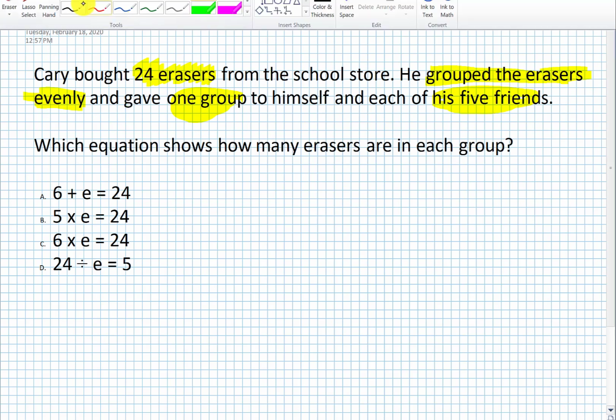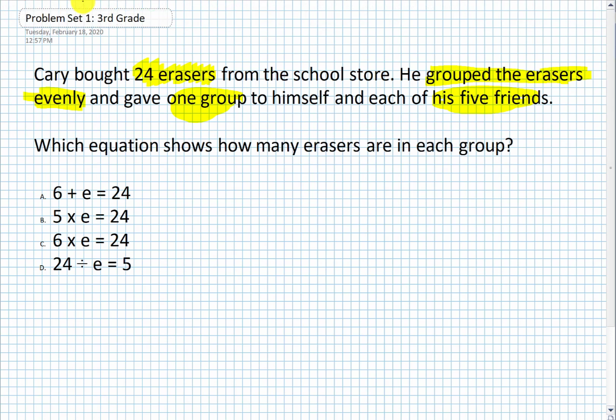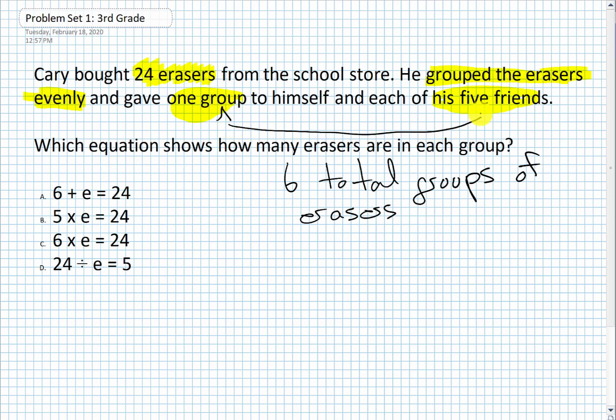So let's write down what is important. There are 6 total groups of erasers. And again, if you're wondering where I got 6 from, because there is no number 6 in the problem, I have one group here and another 5 groups here.